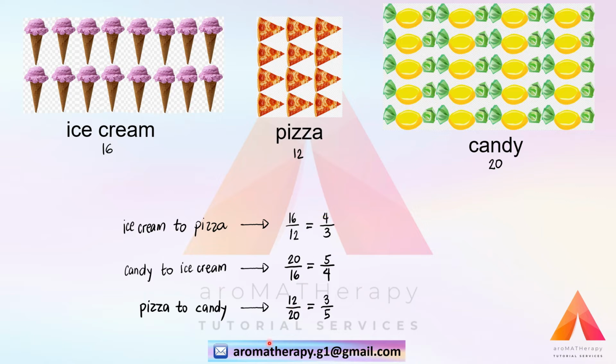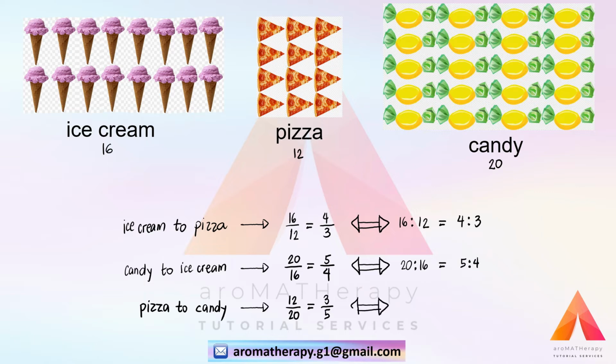This one, the fraction form can be written in another way, the colon form. So we have 16 is to 12 is equal to 4 is to 3. Next, 20 is to 16 is equal to 5 is to 4.